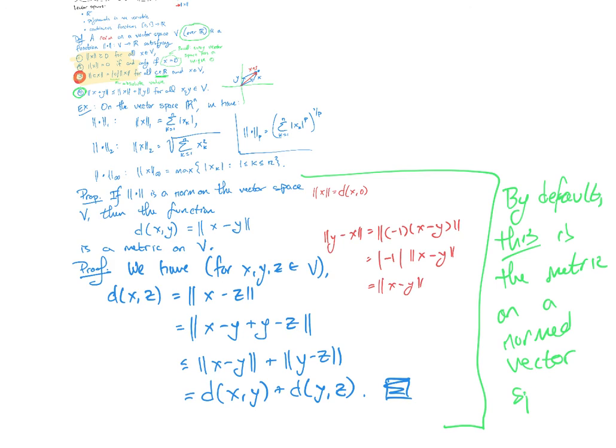So, if we have a normed vector space and we're looking at it as a metric space, if we don't say anything different, then the metric is this metric. And that goes more broadly than this course.